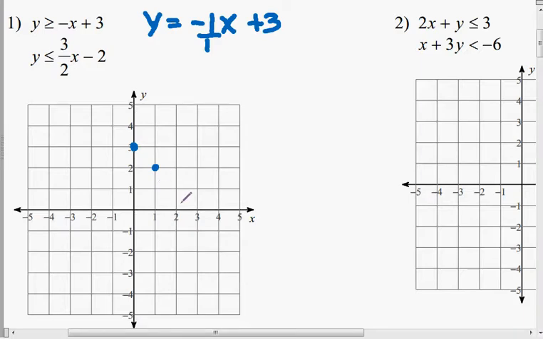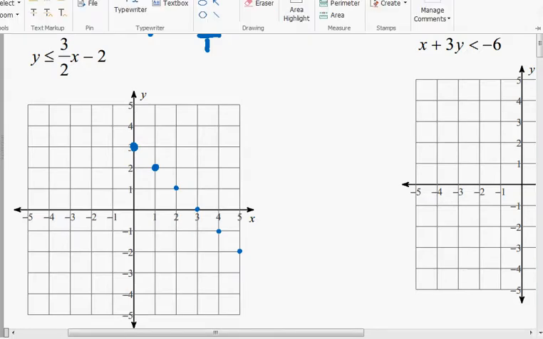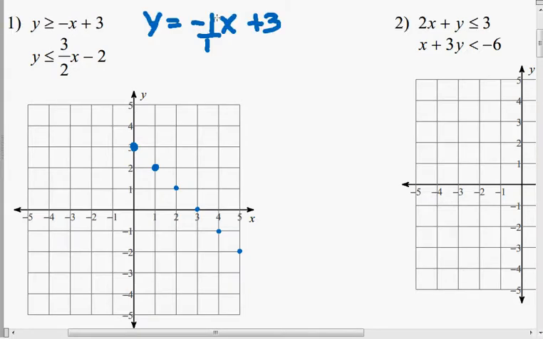And I can continue doing that, and see the pattern. But really, I have enough now to draw a line. I only need 2 points for the line. So I'll start my line.